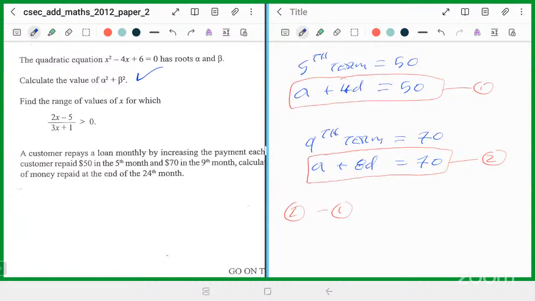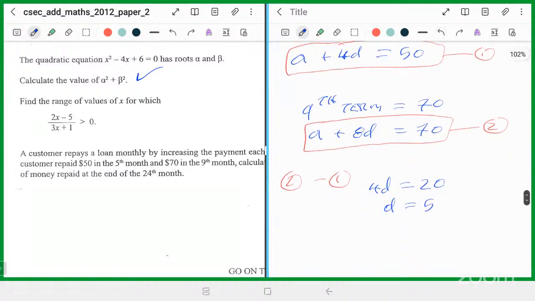This a subtracts that a. 8d minus 4d is 4d, equals 70 minus 50, which is 20. Whereby d is equal to 5. So the common difference is $5 that they are paying each month.